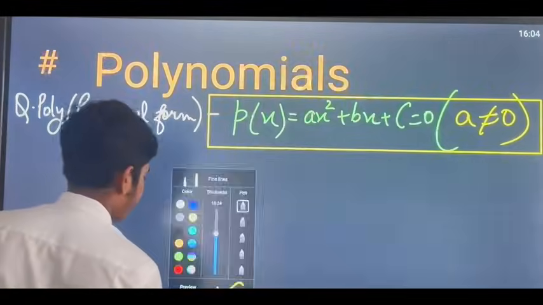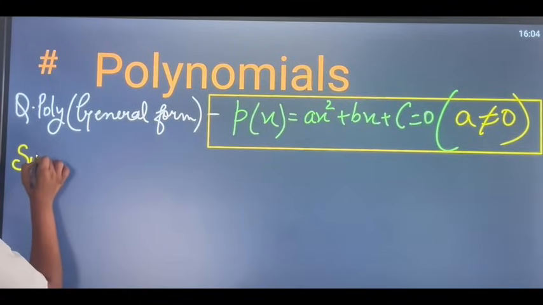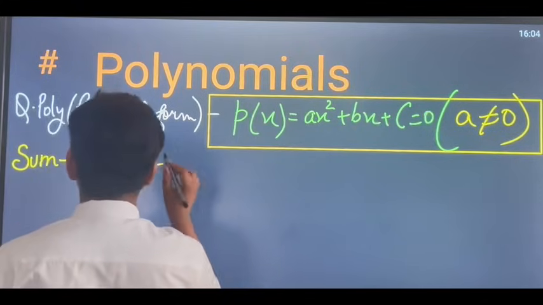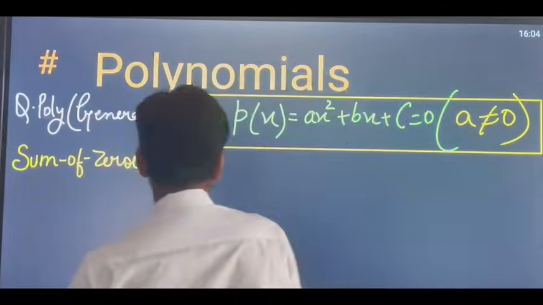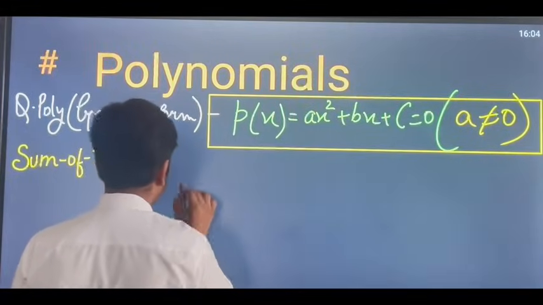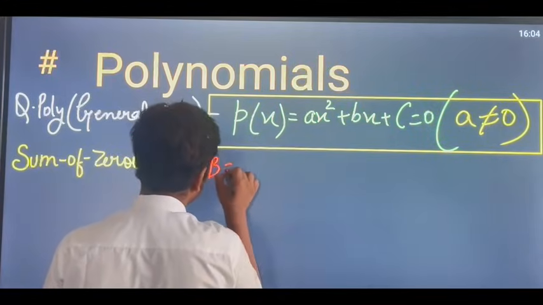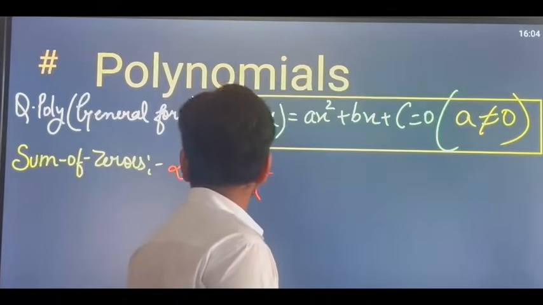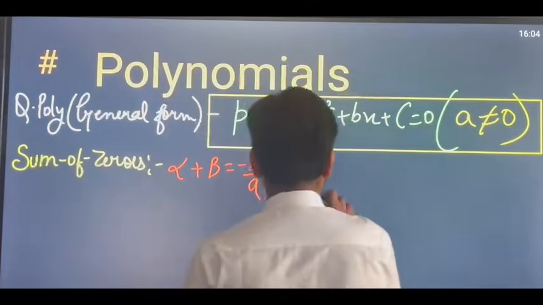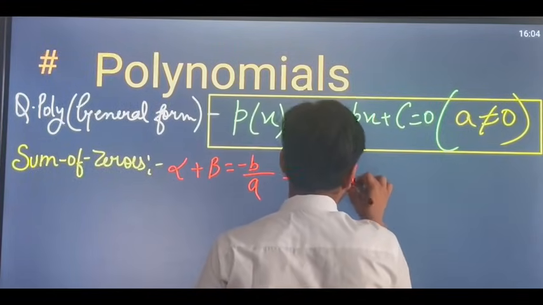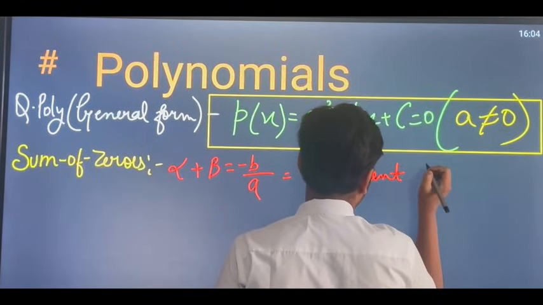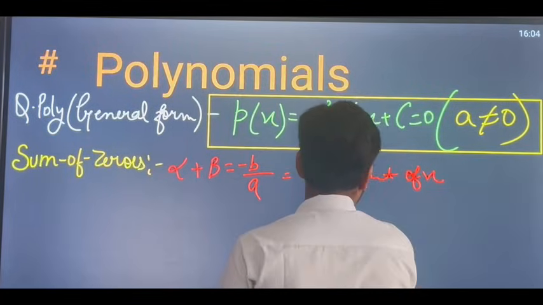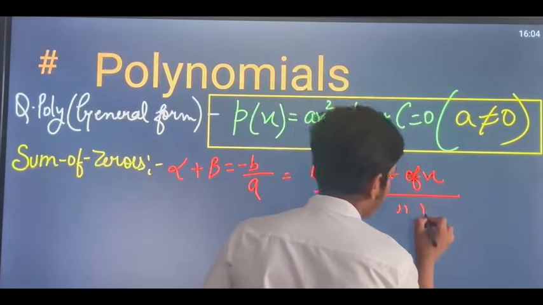Next, the sum of zeros. The sum of zeros, alpha plus beta, is equal to minus b upon a, that is, minus coefficient of x upon coefficient of x square.